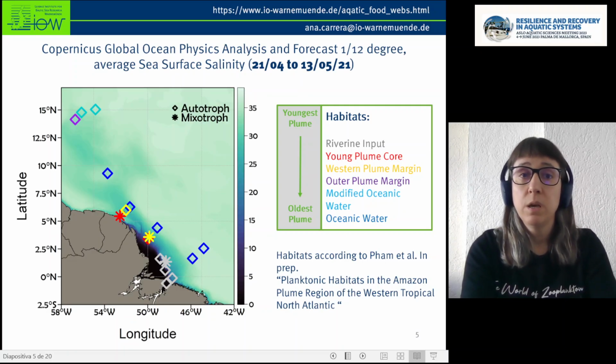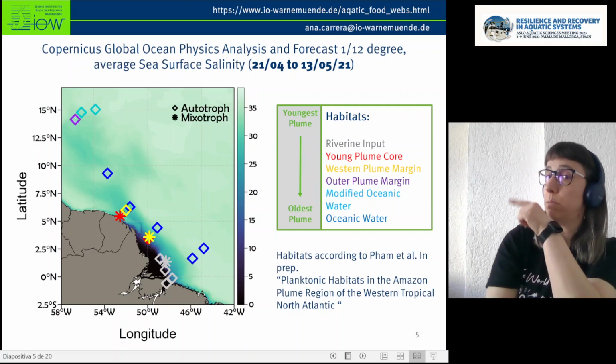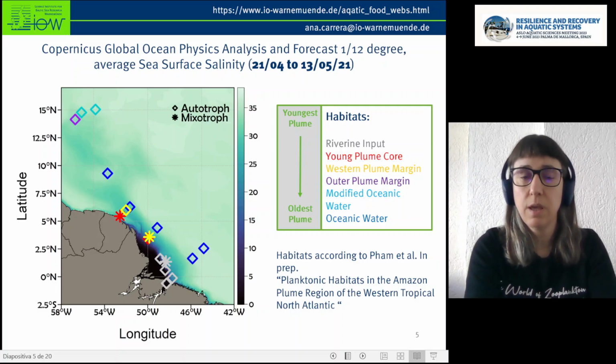So we've been in the area of influence of the Amazon River plume in 2021 at the beginning of the peak season, and we sampled all these stations that you can see here. And as you see, they are colored by habitats, and they are ordered by age of the plume.